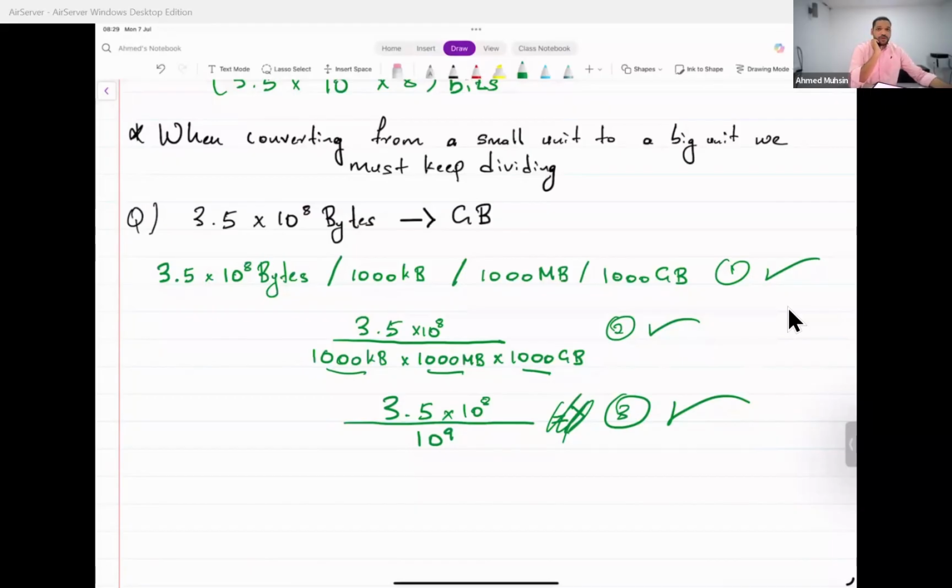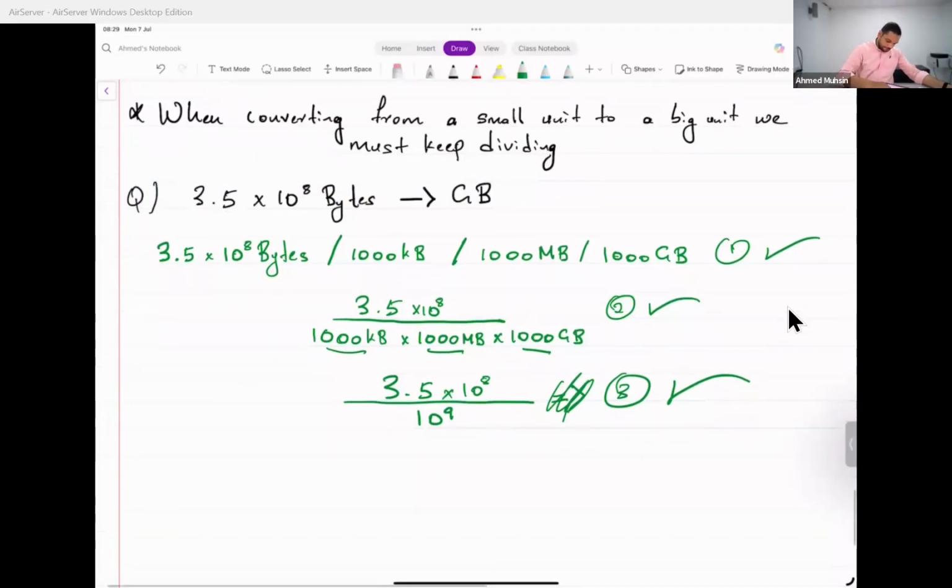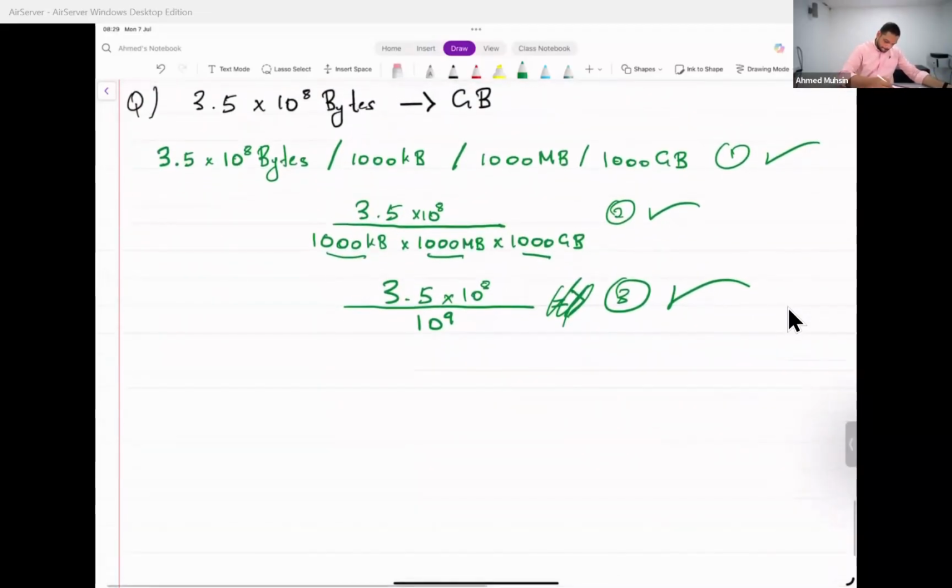Right. Let me give you all one more and then we move away from here. Right. So then guys, 3.5 times 10 to the power of 8 bits.